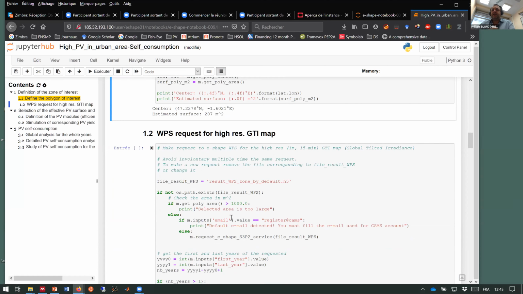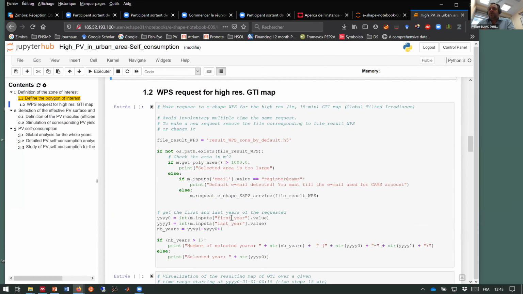And then this section is about the computation of the maps of global tilted irradiance at 1 meter resolution and 15 minutes resolution, starting from the first year you have selected and the last year you have selected.